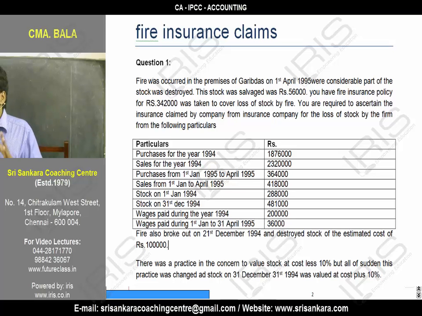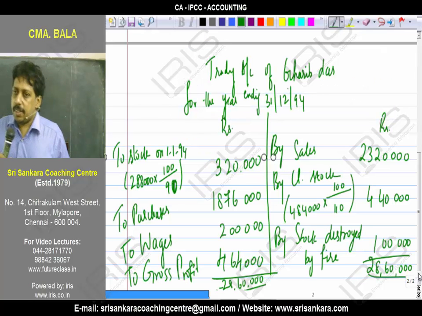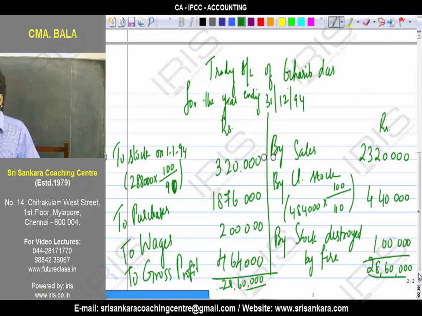We say CGS or people say COGS. You sold 18 lakh 56,000 worth of goods for 23 lakh 20,000, and now take the difference. The difference is 4 lakh 64,000, and that's the GP.